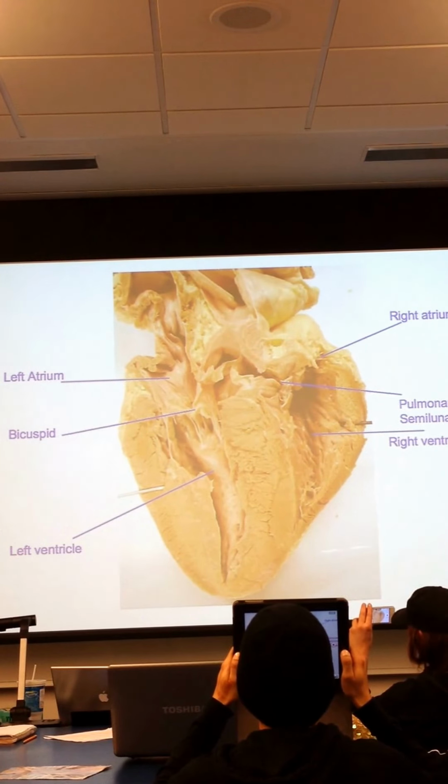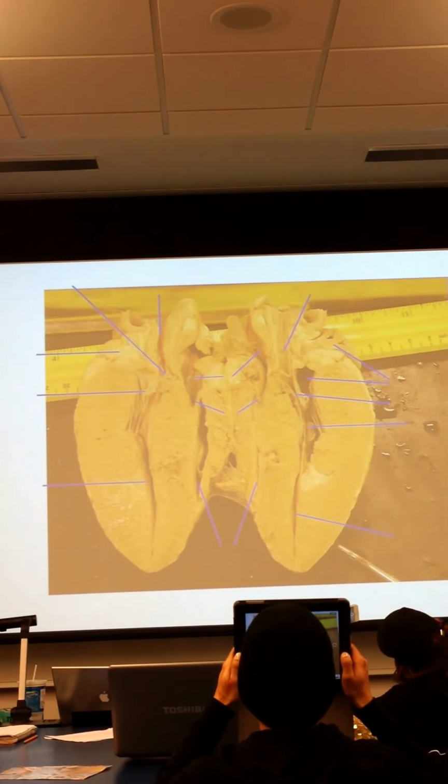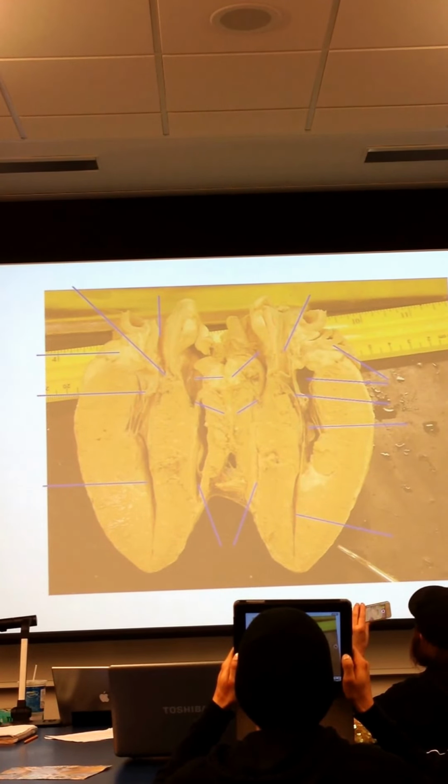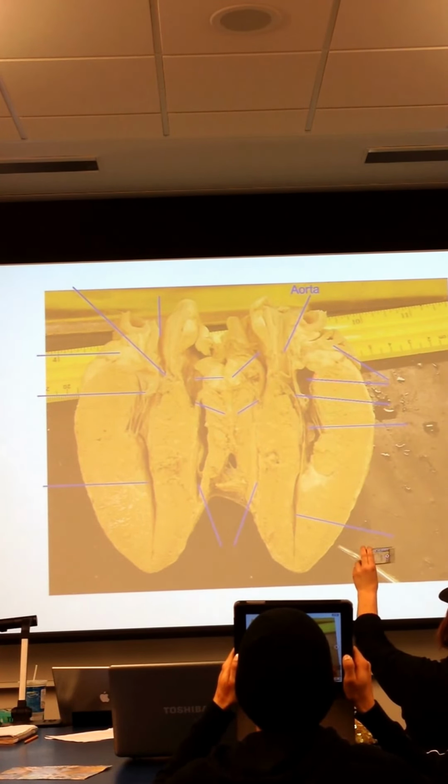Okay, I'm going to switch to the next one. All right. So this is a heart that's been cut in half, so we're going to look at both halves of the heart. So we have a mirror image right here. We like to start up here at the top somewhere. So what is this in here? The aorta. Okay. What is this in here? And this in here.